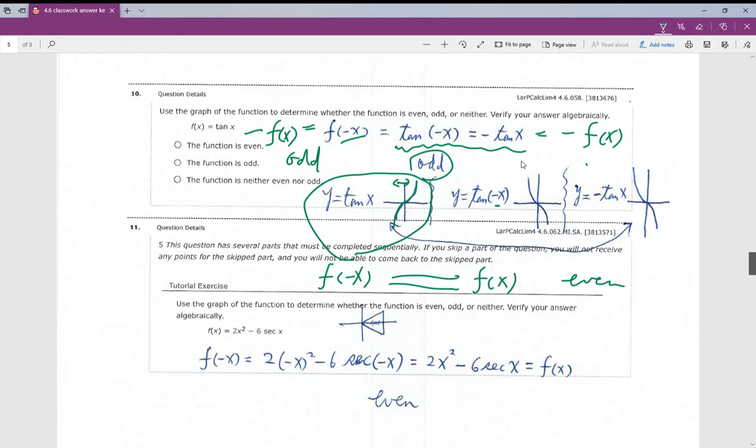And the left-right flip, how does it look like? If I graph this one here. Okay, let me erase all the marks here. I can show you later.